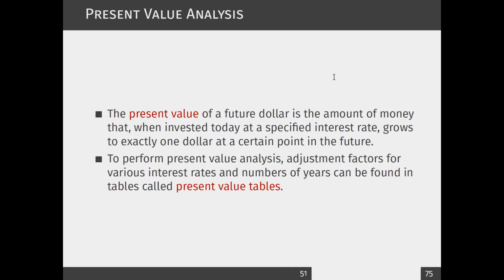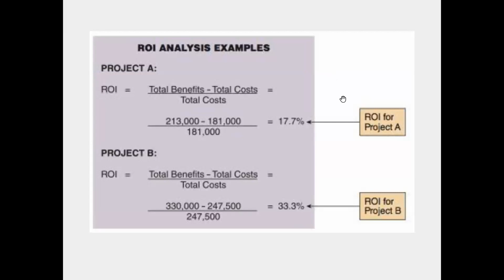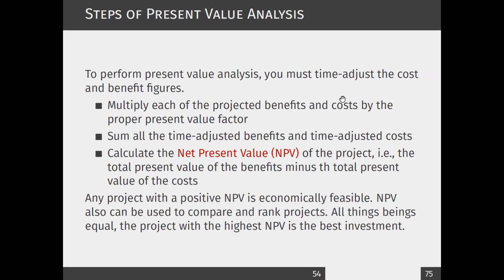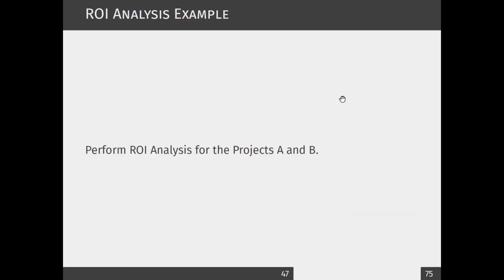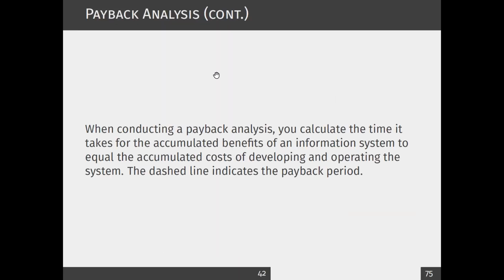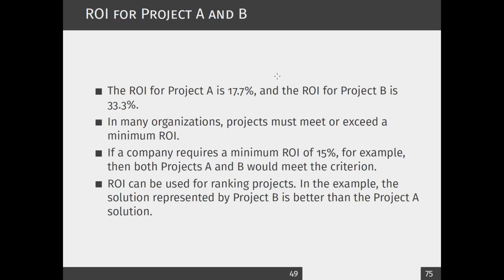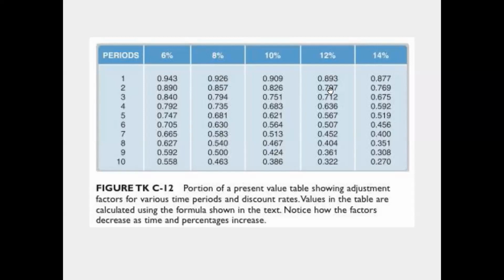Take the second one. And then in the second year, we have 17,000, which you have to multiply by the rate. In this particular case, it's 0.797.